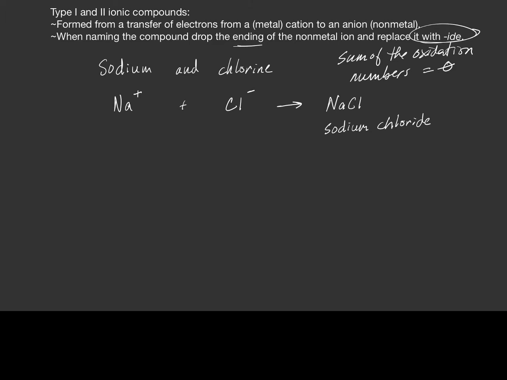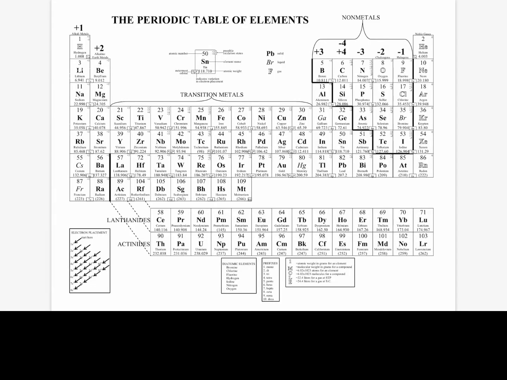So we dropped the ending of the chlorine name and we replaced it with IDE. So sodium chloride is our compound. This is our ionic compound, and it's a type 1 because, again, sodium here in group 1 is a non-transition metal, so that's how we know that it is a type 1.